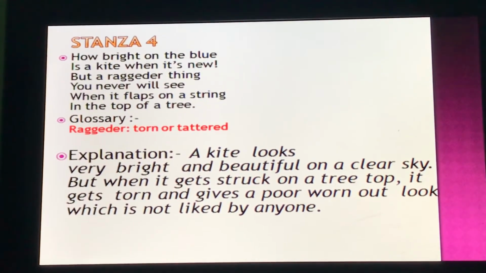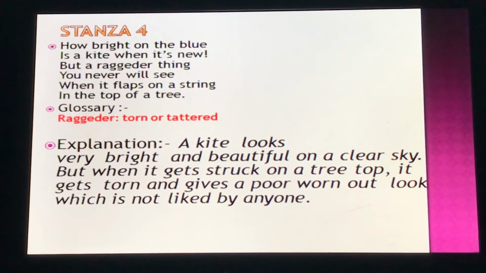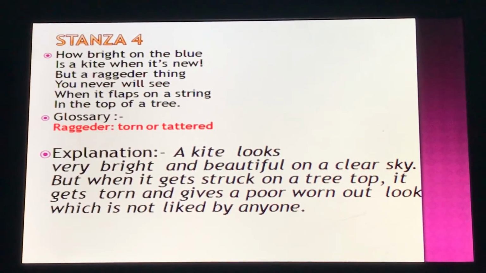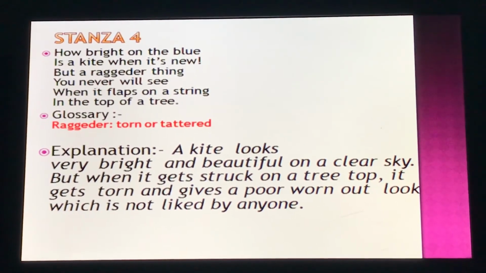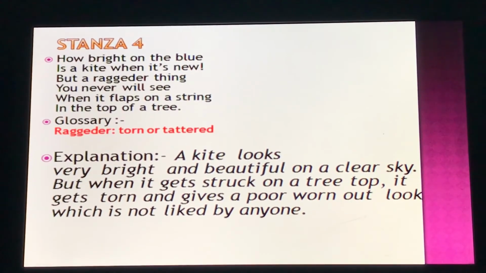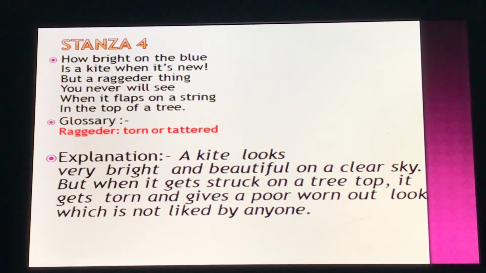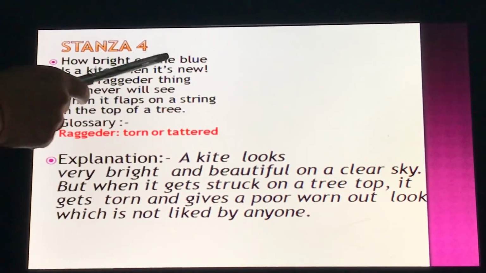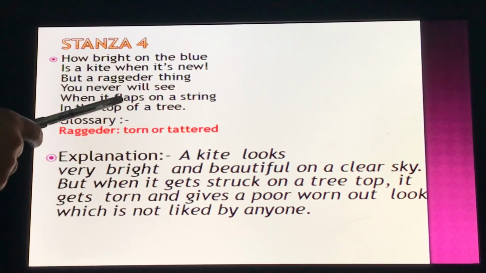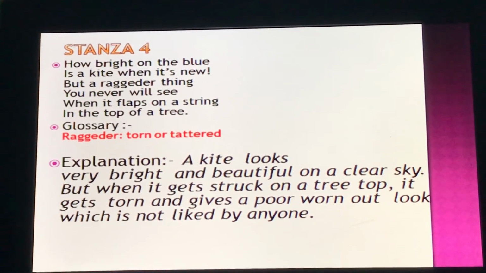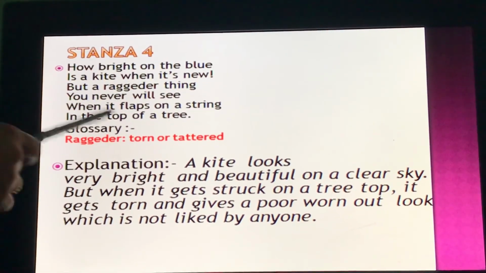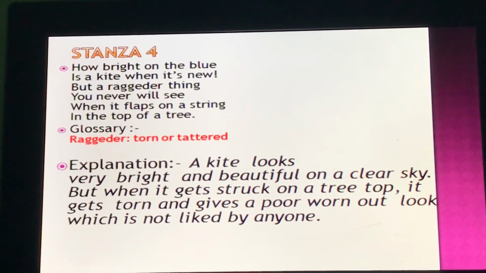A kite looks very bright and beautiful in a clear sky, but when it gets stuck on a tree top, it gets torn and has a poor, worn out look which is not liked by anyone, because only the new kite looks very beautiful, but when it flaps, stuck in a tree and torn, it is not liked by anyone.